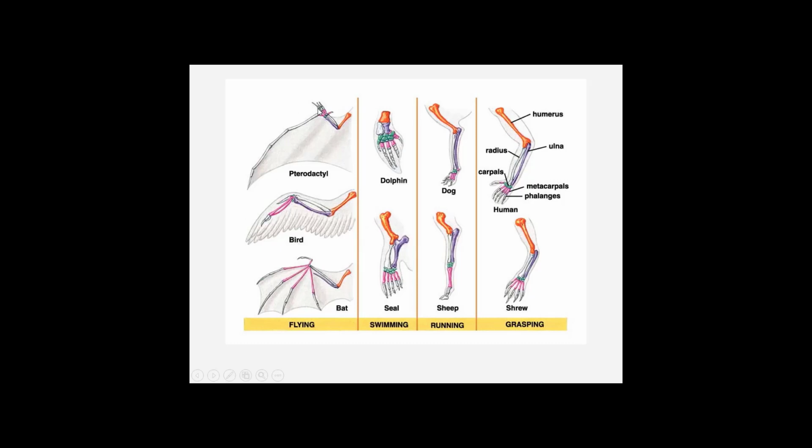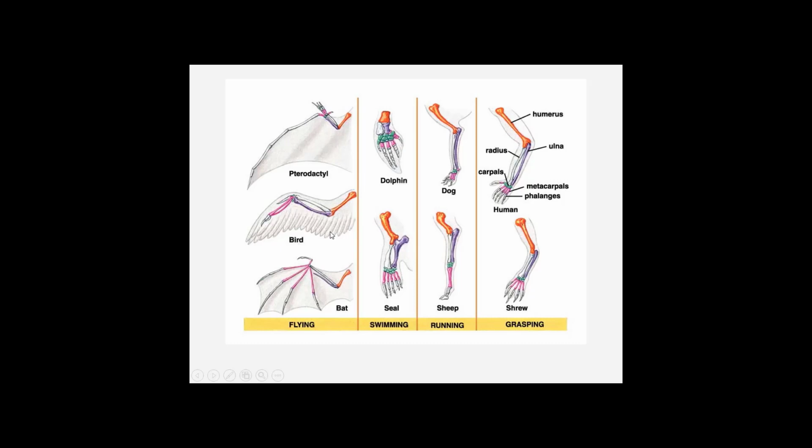Whether we're looking at a pterodactyl, which is a flying reptile, a bird, which we know flies, and bats, we see those same things. In the wing of a pterodactyl, the flight surface was actually supported by a layer of skin between the pinky finger and the body. But again, we see one bone, two bones, bunches of little bones.